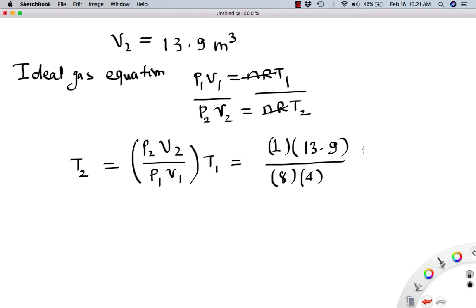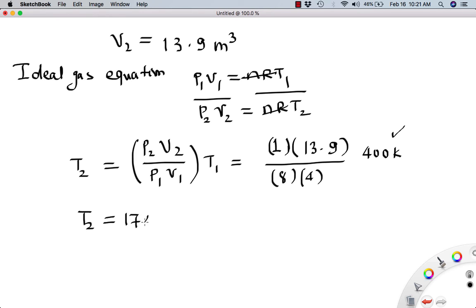In the ideal gas equation, you need to express temperature in Kelvin. If you're given Celsius, you will need to first convert it to Kelvin before you plug in the number. So T2 is equal to, you do the calculation, you get 174 Kelvin.